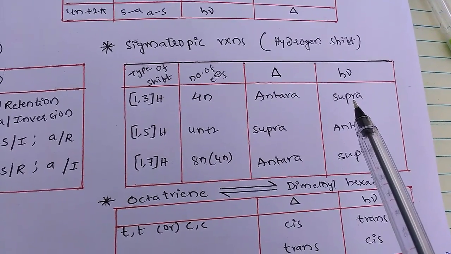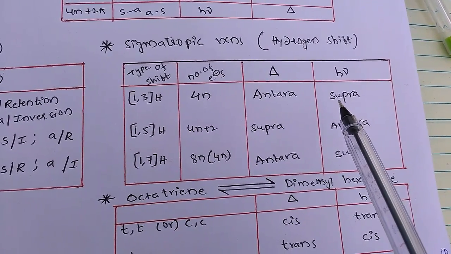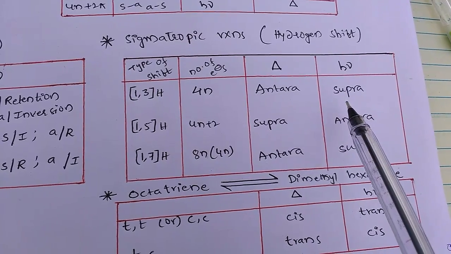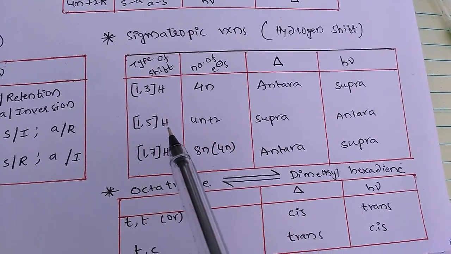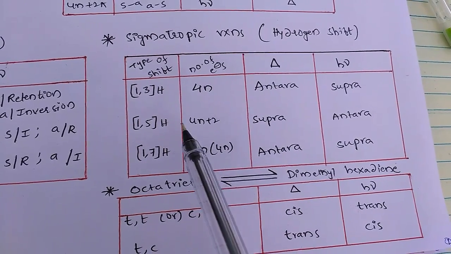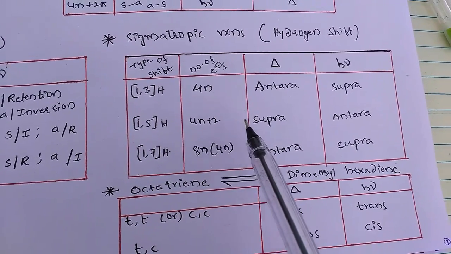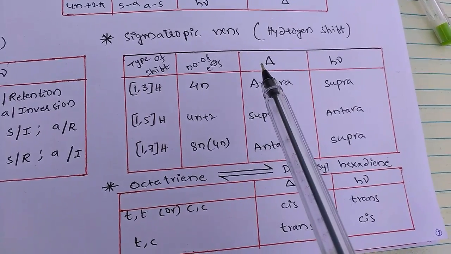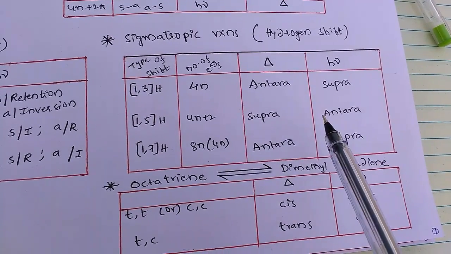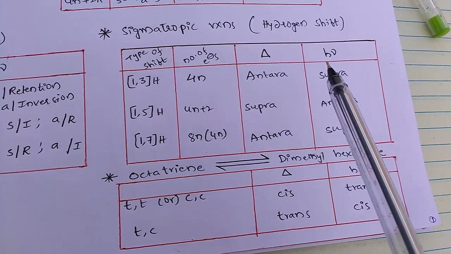If the hydrogen shift is supra, then that is photochemically allowed. And a 1,5 hydrogen shift equals a 4n plus 2 pi electron system: a supra hydrogen shift is thermally allowed, and an antara hydrogen shift is photochemically allowed.